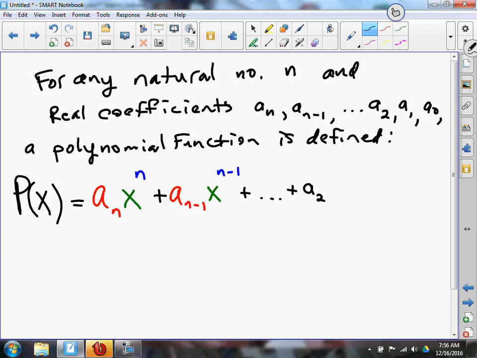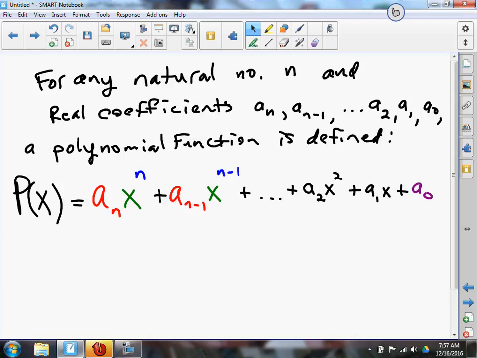A sub 2 x squared plus a sub 1 x to the first, and I really don't need to write that one. And then finally in the end, plus a sub 0. So it's kind of scary, and this is the way all textbooks define this, okay? It's really weird notation, but don't let the notation scare you. It's really not as bad as it looks.